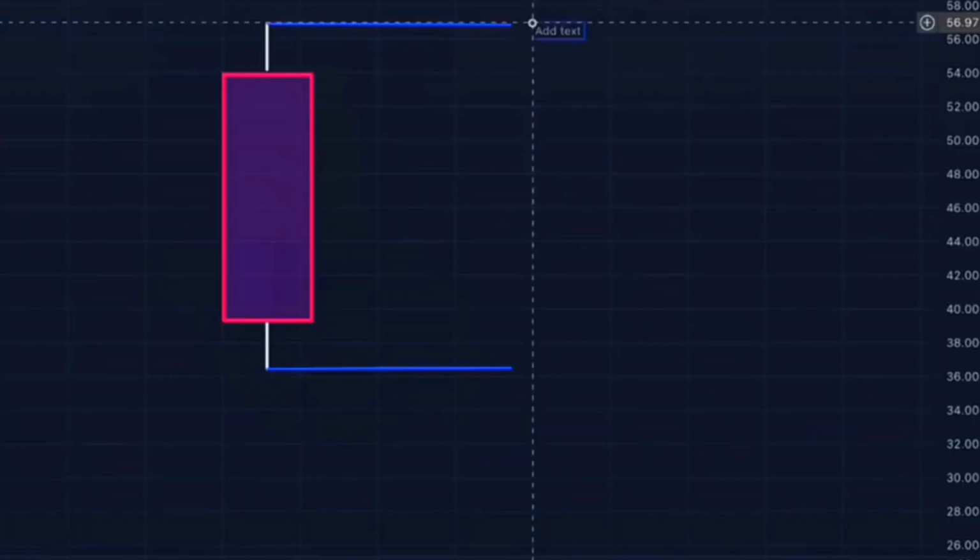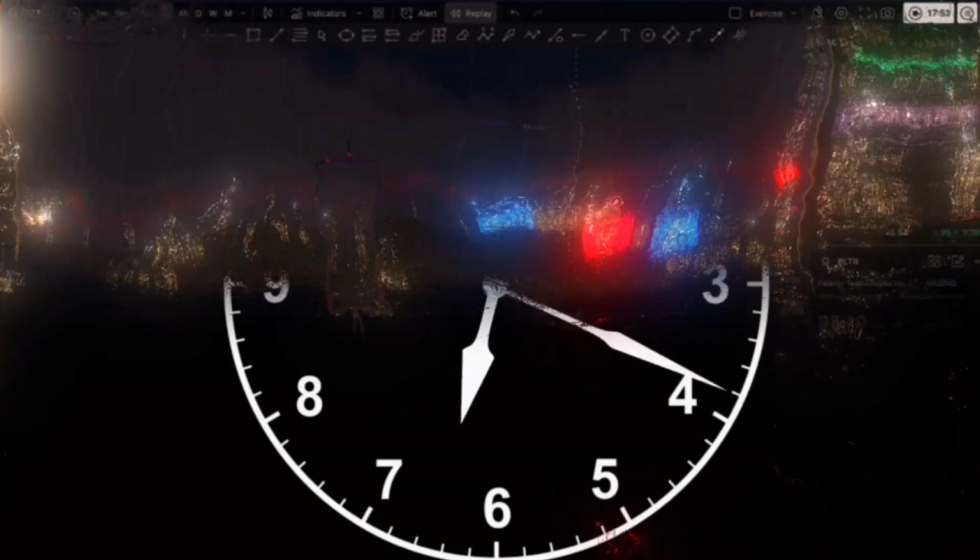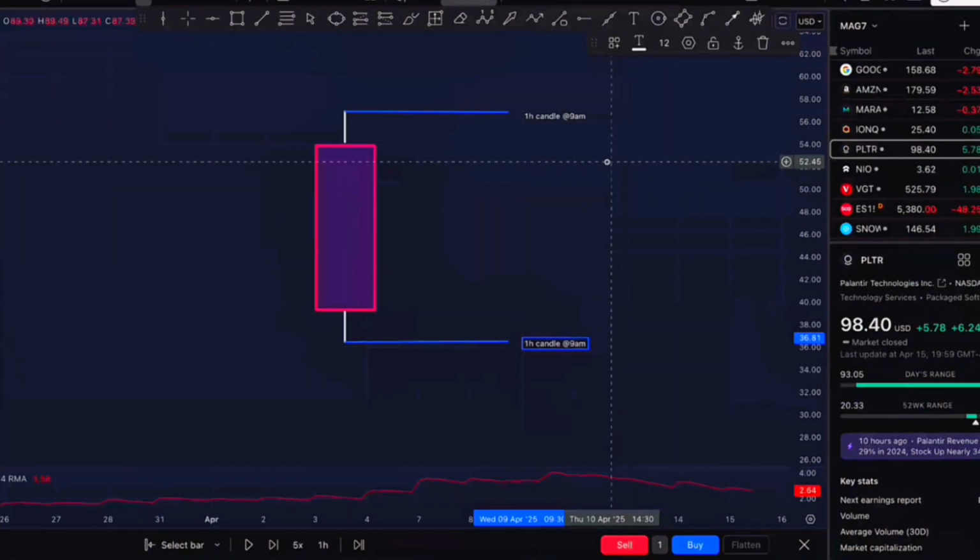Let's label this one as a 1 hour candle. We can specify the timing at, let's say, 9 a.m. sharp.